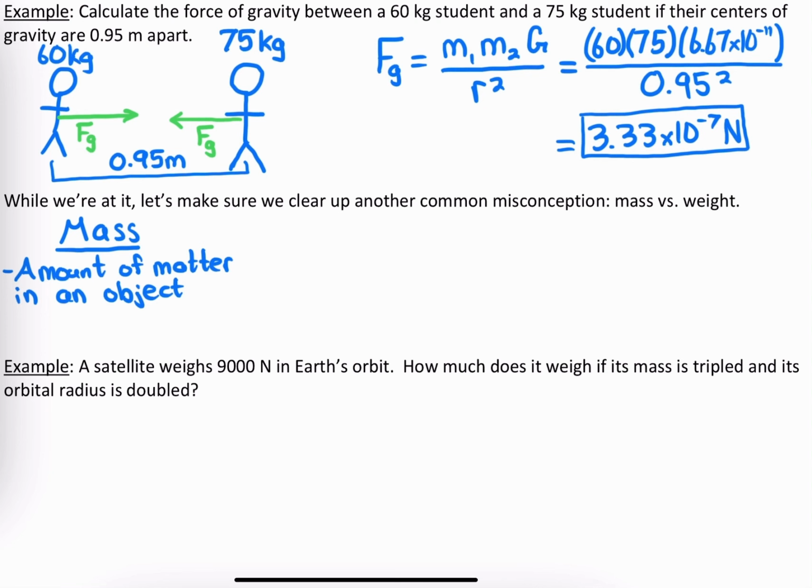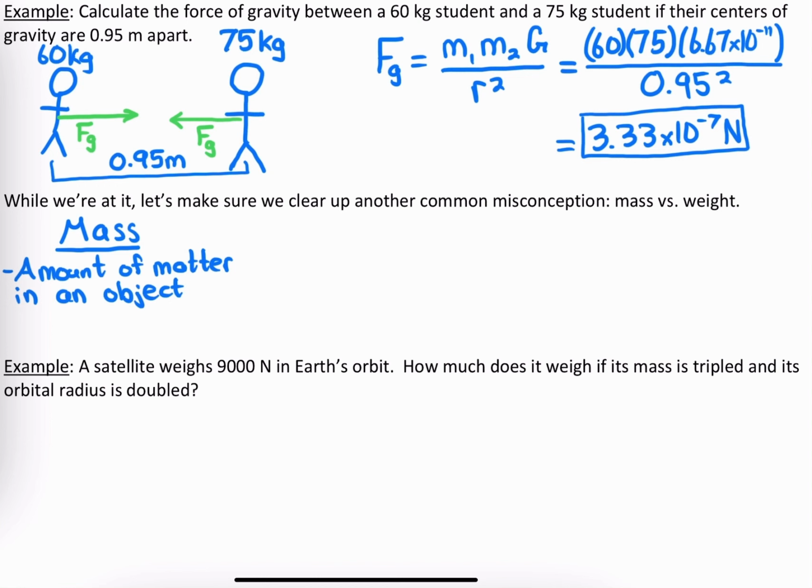The protons and neutrons all have the same mass. So if you were to just add up all the protons and neutrons in an object and then multiply that number by the mass of a proton or a neutron, you would get the mass of the object. So in a way, it's really just a way of counting up how many protons and neutrons are in an object. It's the amount of matter in something. So you have a certain number of protons and neutrons inside you. We can think of that as your mass.